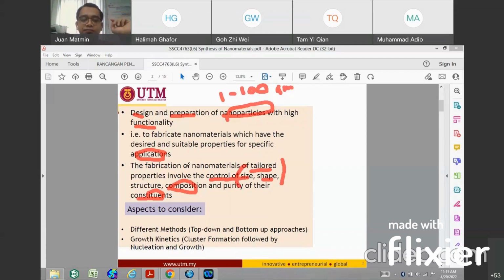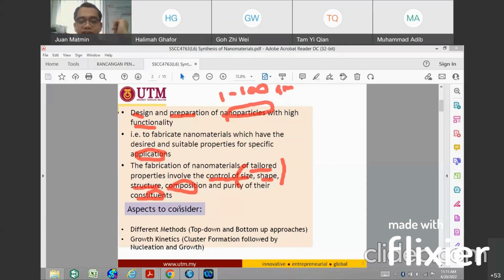But we are also going to look at the structures and the composition. We can make it not only a single particle, but we can make it embedded with other nanoparticles. So it is still a nanostructure.